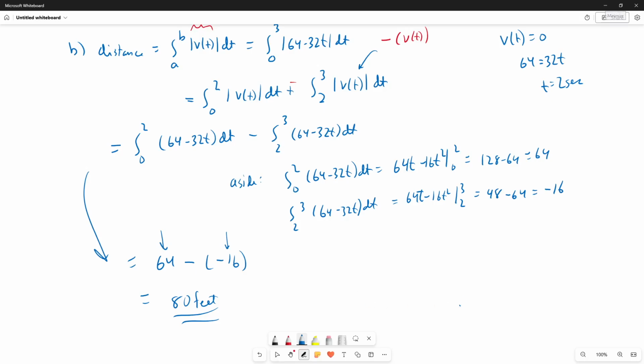So the object went up 64 feet, and then it fell 16 feet, so the total displacement is the difference in these heights, 64 minus 16, which is 48, and the total distance traveled ended up being 64 plus 16, which is 80.